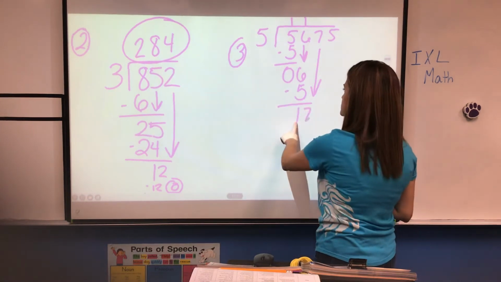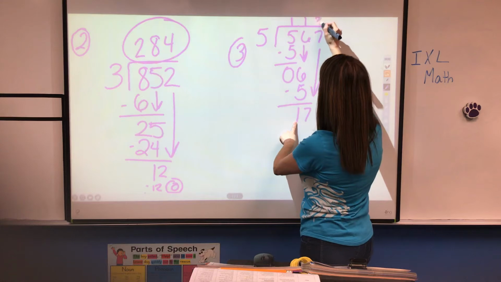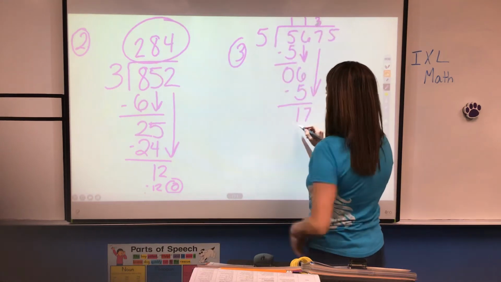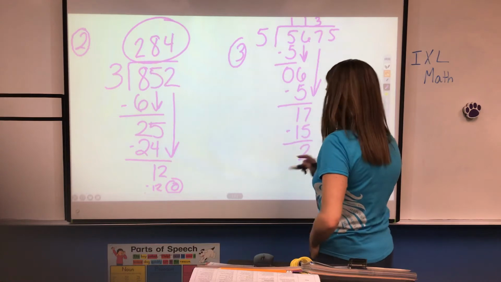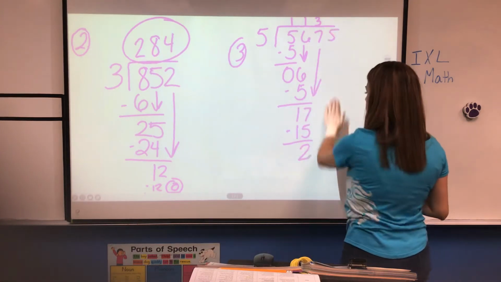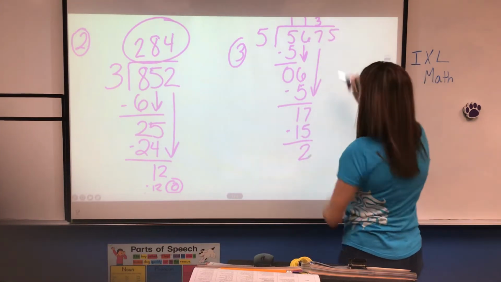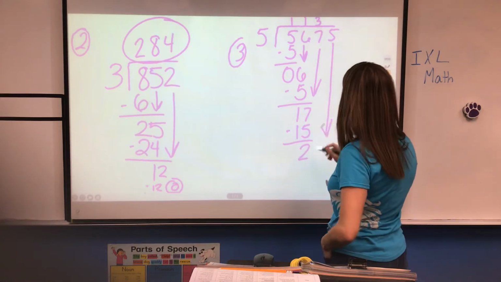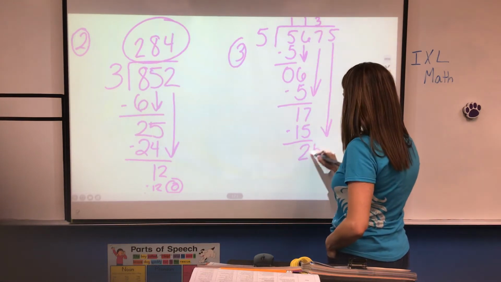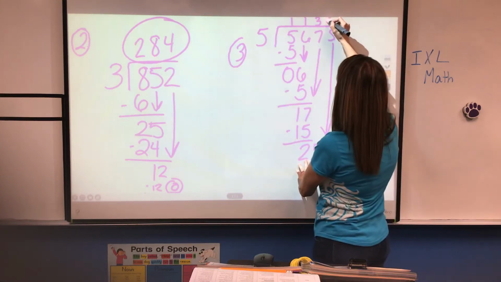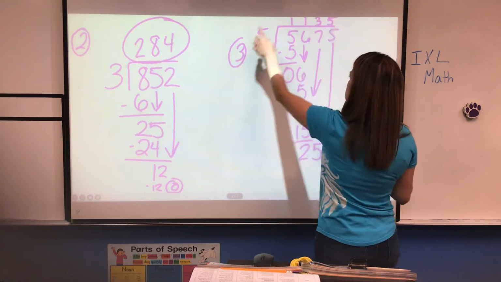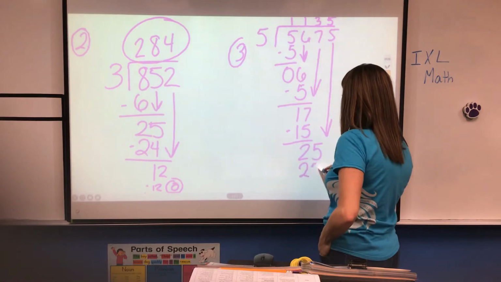5 can be divided into 17 3 times because 3 times 5 is 15. You'll get a remainder, a leftover of 2, but I still have 1 number left. This is the new element. We have to drop down our very last number, the 5, and now we get 25. 5 can go into 25. 5 times 5 is 25.